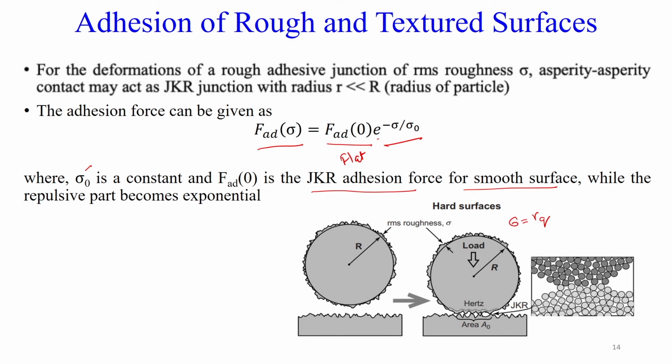To define the adhesion theory, we discussed two theories, the JKR and the Hertz theory. JKR says there is adhesion and deformation, whereas Hertz says there is non-adhesion and very minimum contact between either two spheres or the sphere and the solid surface.